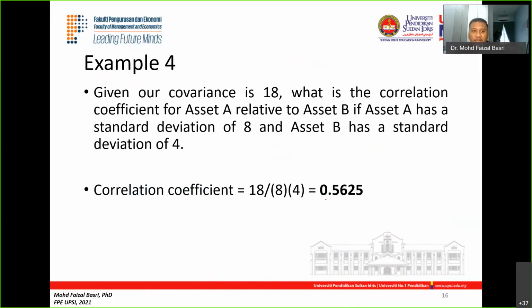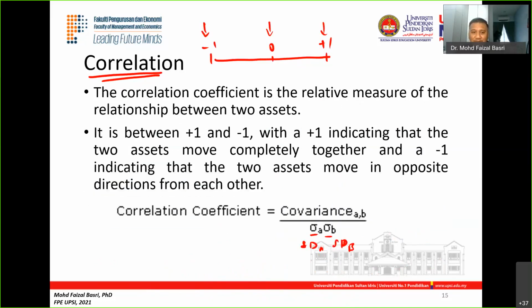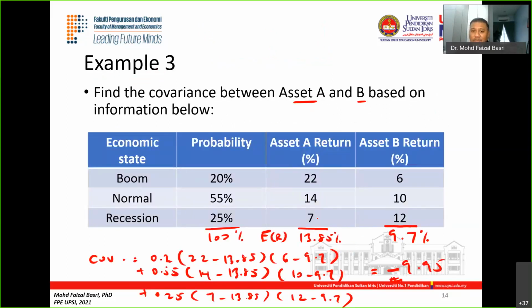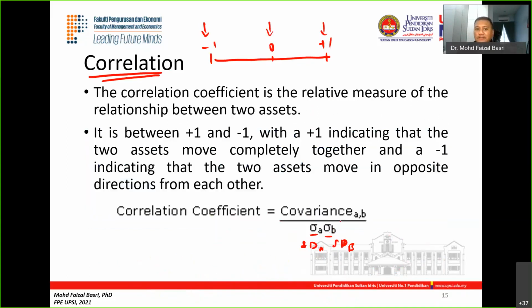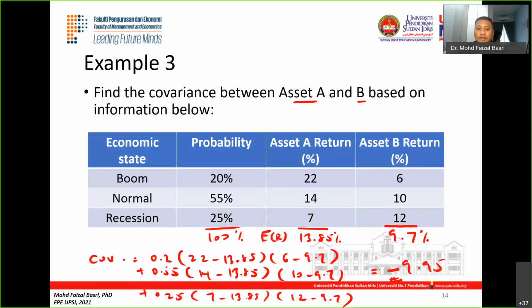But if you want to, first you need to find the variance, then the standard deviation for A and B, then divide to get the correlation of this example.